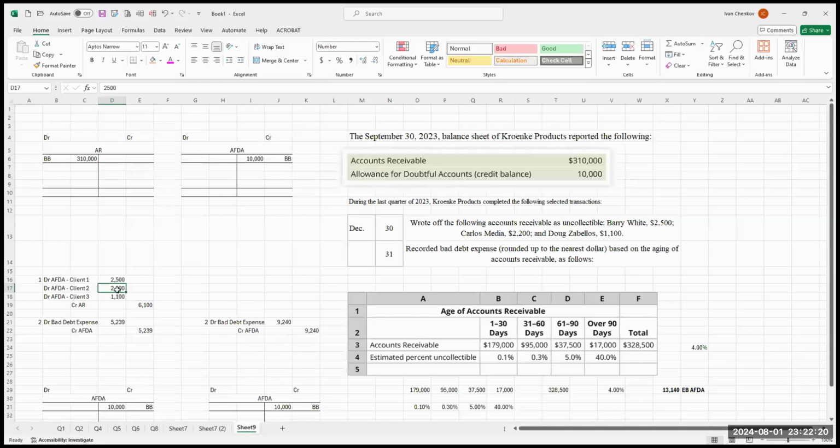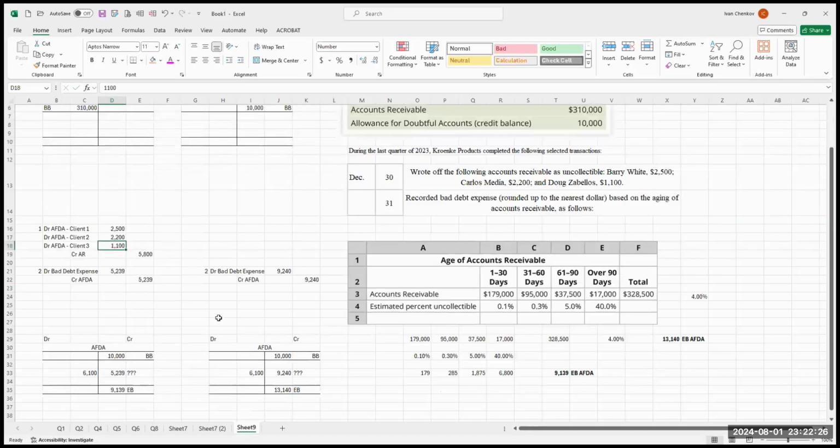I'm seeing I'm deviating a little bit from the question, and my mistake is related to, I'm going to show you my mistake, this number, 2,200, not 2,500. And now we are the same as the answer. So this number here is going to be 5,800, not 6,100, 5,800.